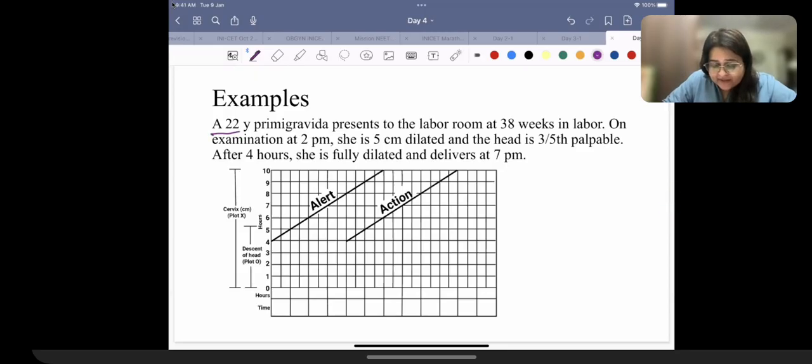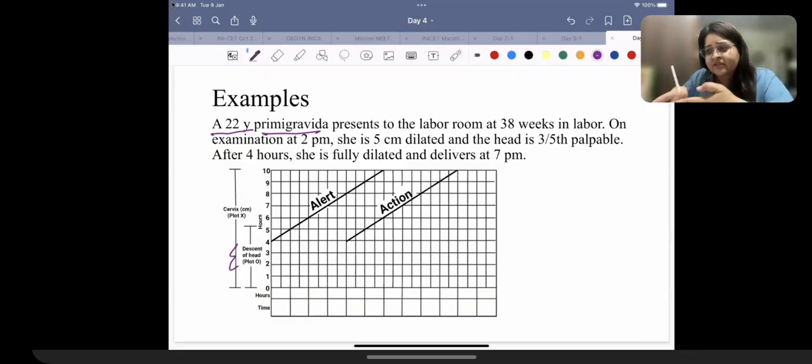A 22-year-old primary gravid, descent of head is very simple to understand. In the Leopold maneuver, the fourth one, you are facing the feet of the patient and trying to do an abdominal examination and seeing whether your fingers are converging or diverging. At that time, you see how many fingers can touch the head. If all your 5 fingers can touch the head, it is 5/5 palpable.